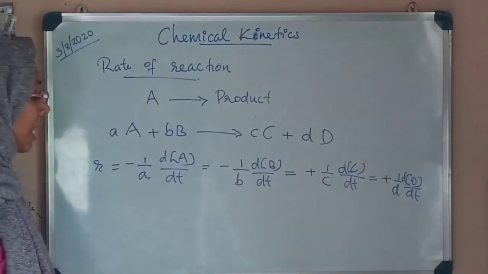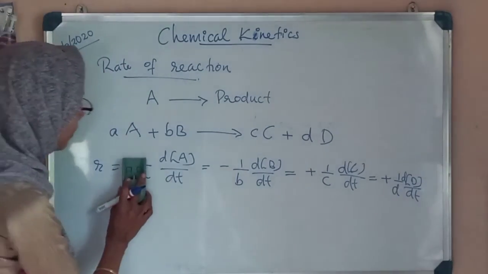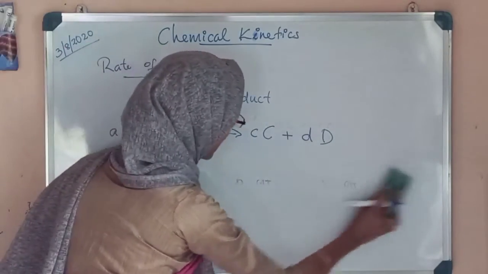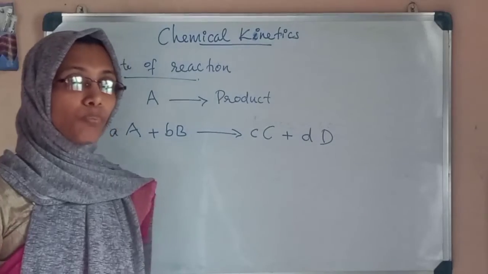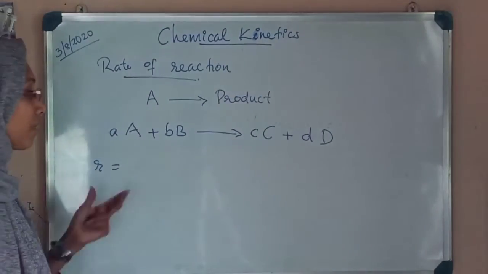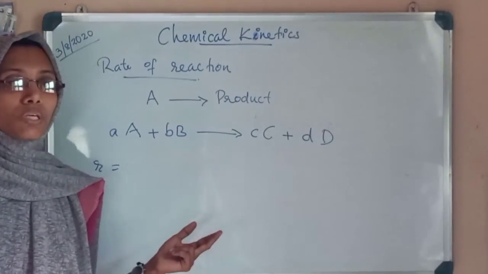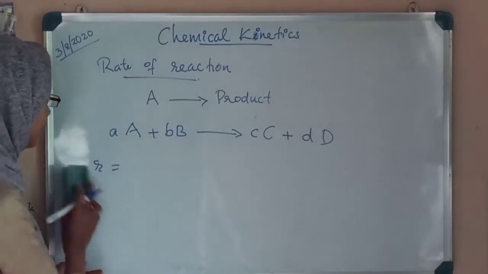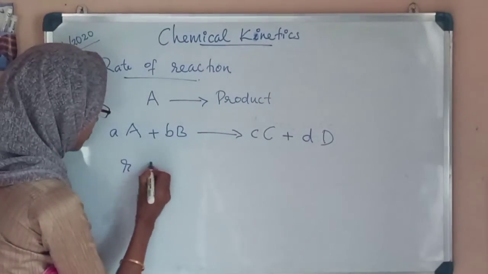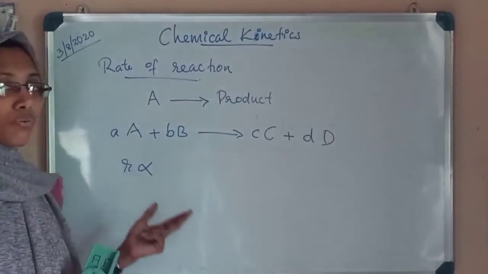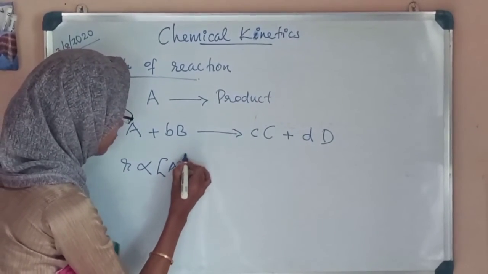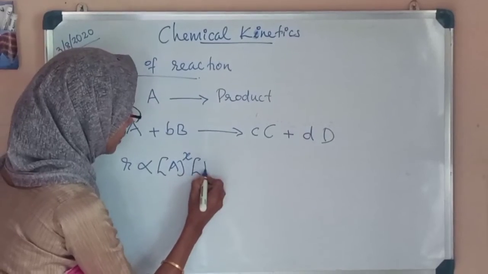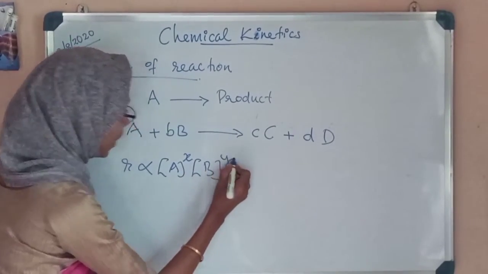product C and D. But according to the law of mass action, the rate of a reaction is proportional to some powers of the molar concentration of the reactants. That is, rate is proportional to [A] raised to x and [B] raised to y.